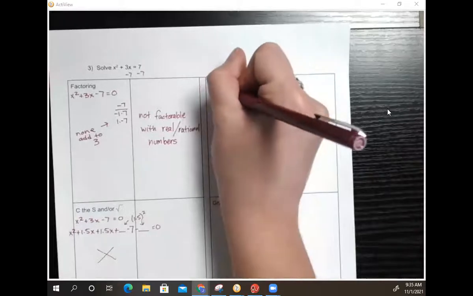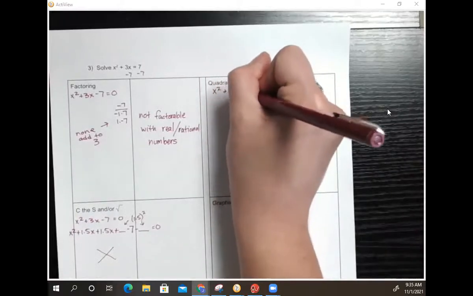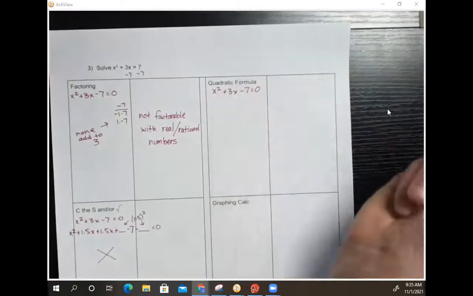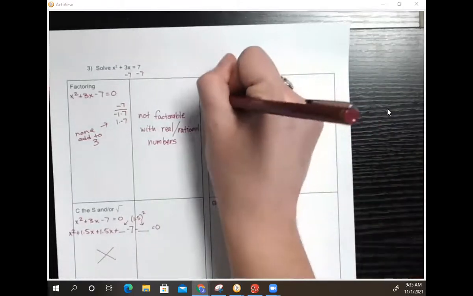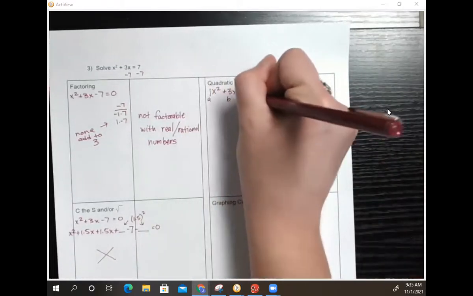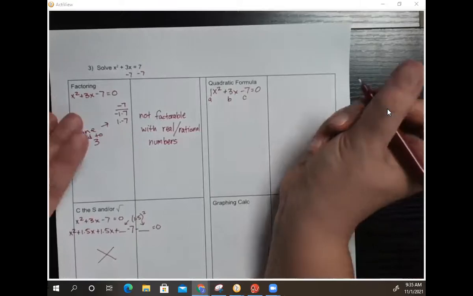Quadratic formula. So I'm using x squared plus 3x minus 7 equals 0. Remember, we always need standard form. My a would be 1, my b is 3, and my c is negative 7.